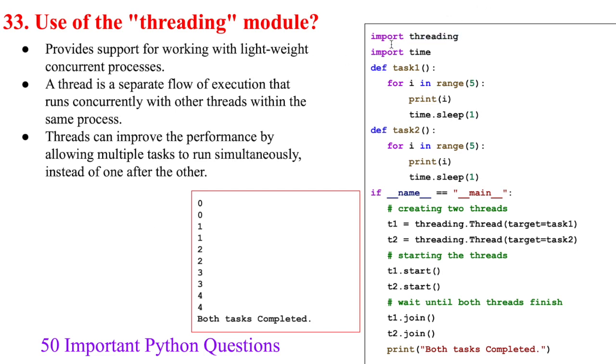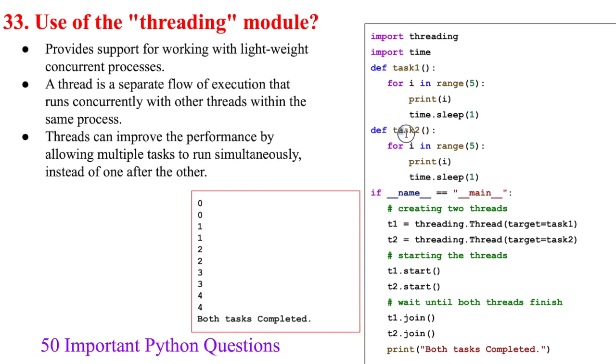So here in this program that is shown here, the threading module is used to create two threads, T1 and T2, each of which executes a separate task using task1 and task2. The Thread class is used to create the threads and set their target to the corresponding task functions.